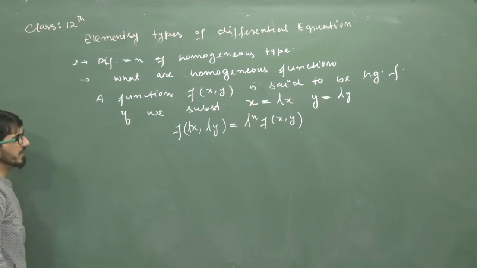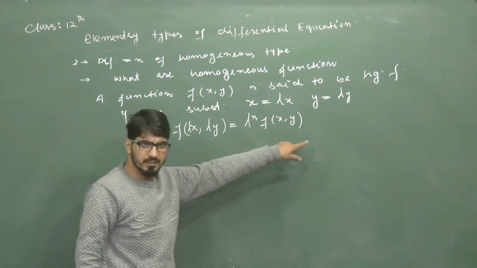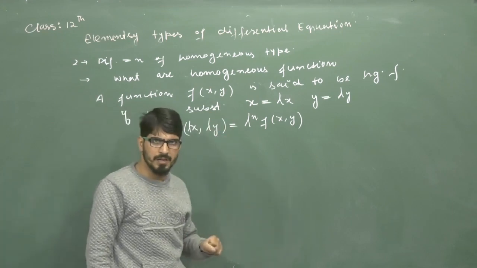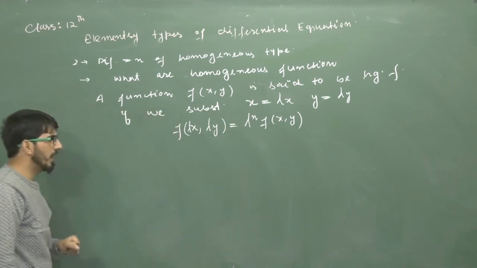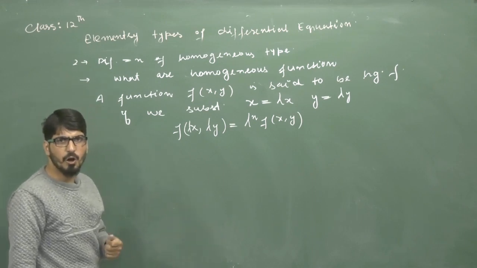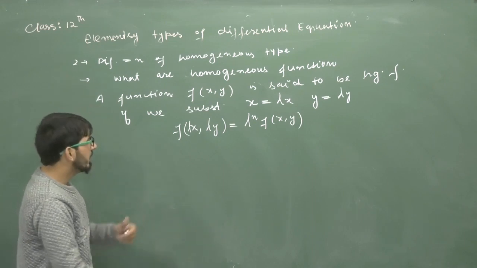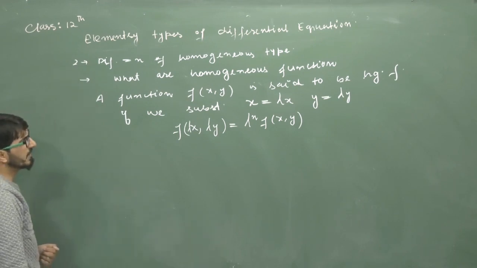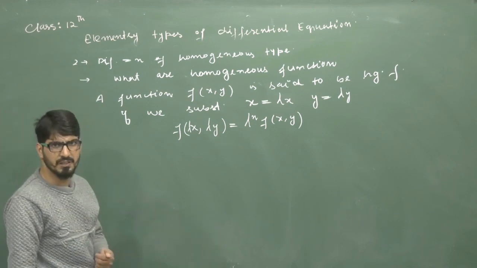So any function that satisfies this equality by substituting x with lambda x and y with lambda y, where lambda is any scalar or real number, is known as a homogeneous function.